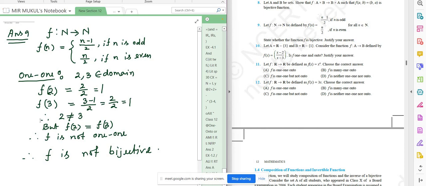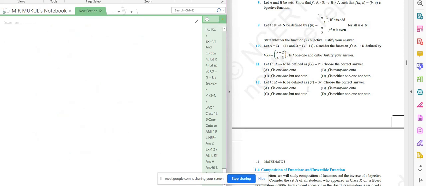I hope you understood how we can prove a function is bijective. Now, see question number 10. This also came in the board examination 2-3 times. So this is a very good question.